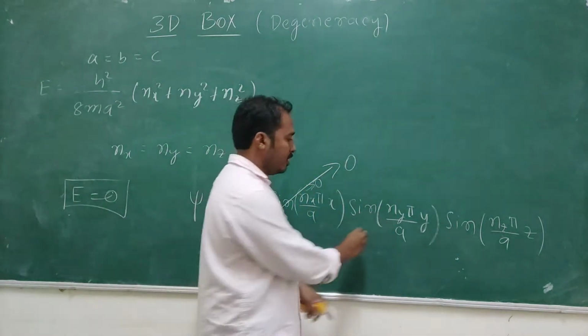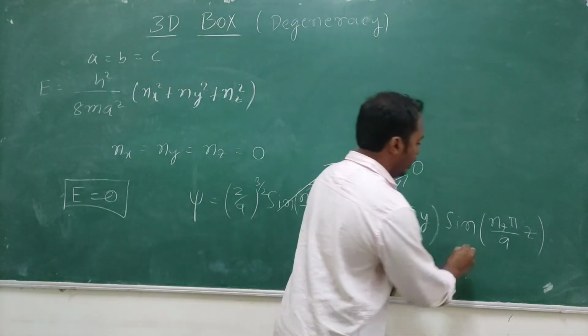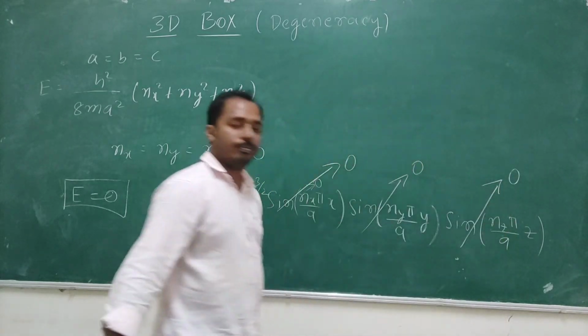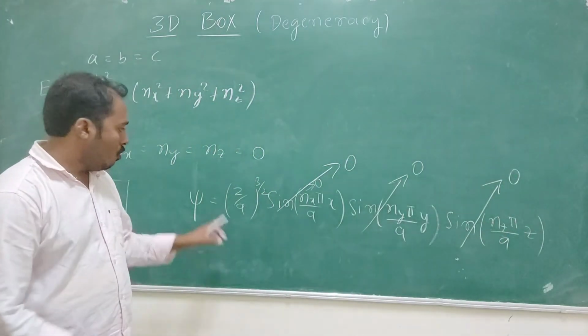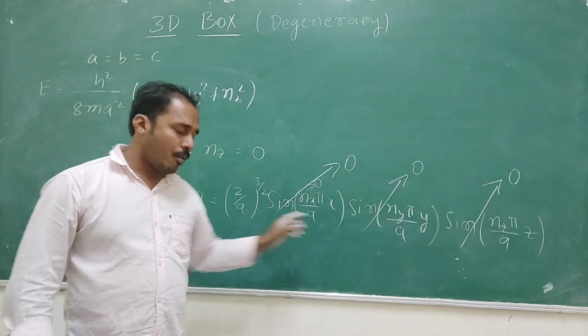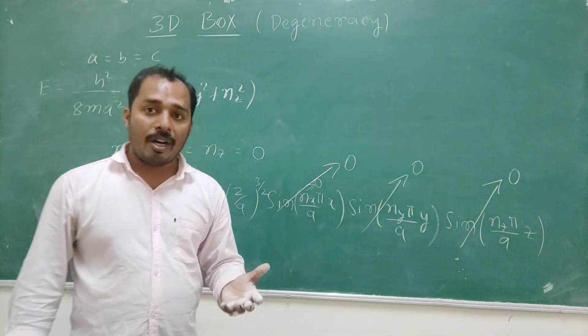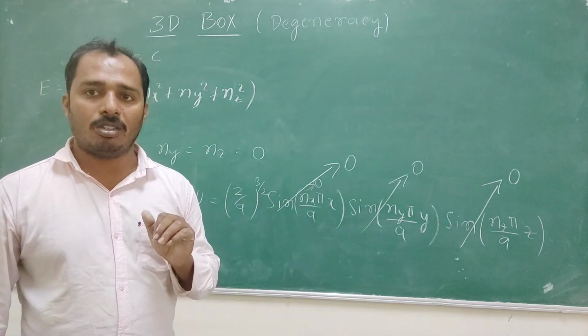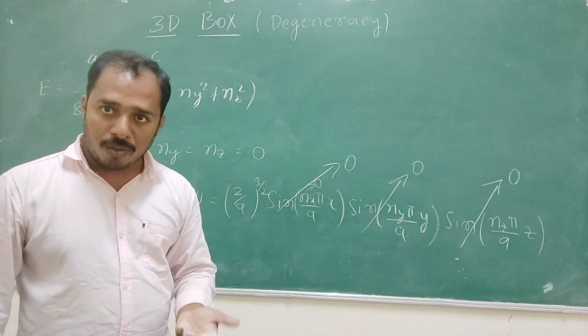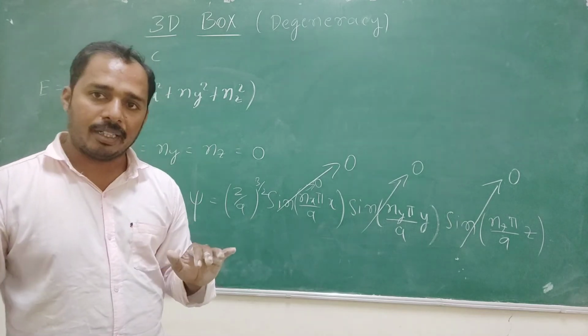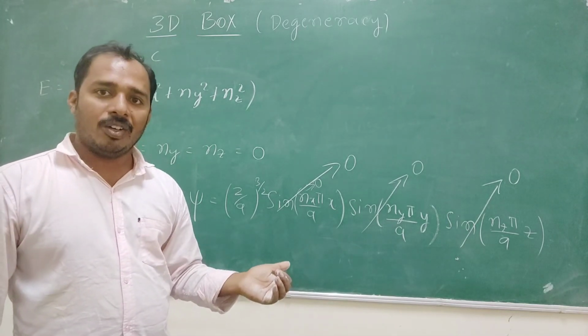So the wave function becomes 0. That means there is no particle inside the three-dimensional box. That is the meaning, so it is not possible.